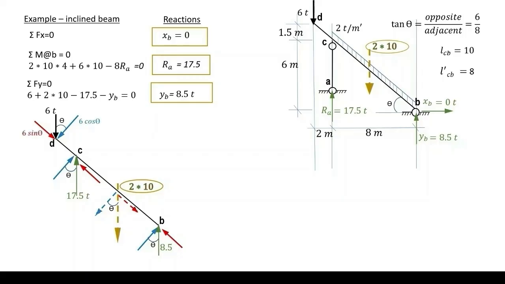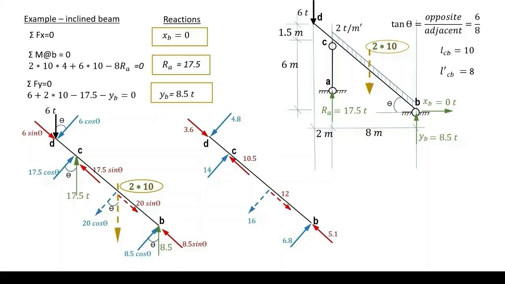So we have a blue component 6 cosine theta and a red component 6 sine theta. Similarly, we can compute the other components for each force. These are the values of the forces computed.